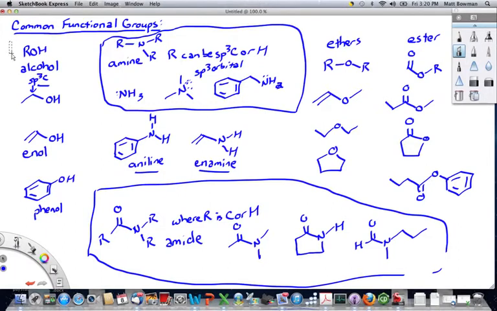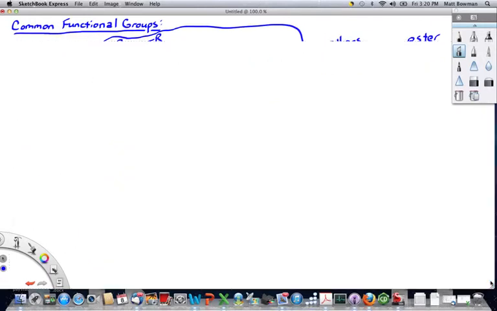So let's clear some space. And let's look at some other functional groups. Okay. Other functional groups involve carbonyl functional groups, such as ketones.